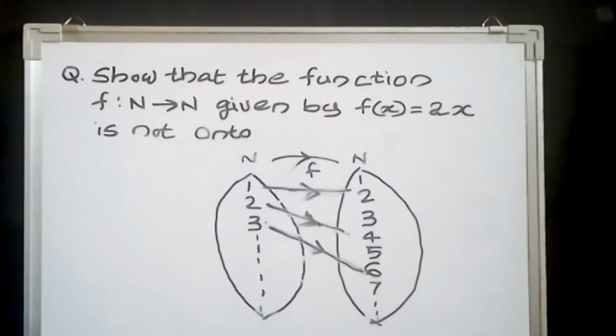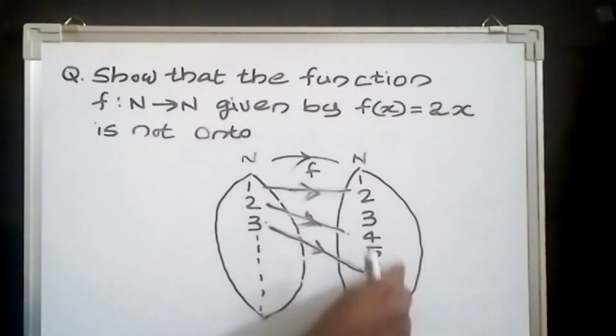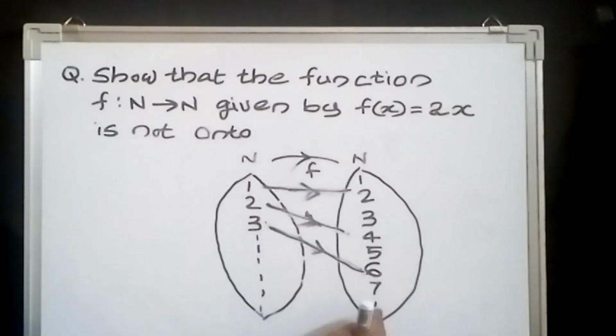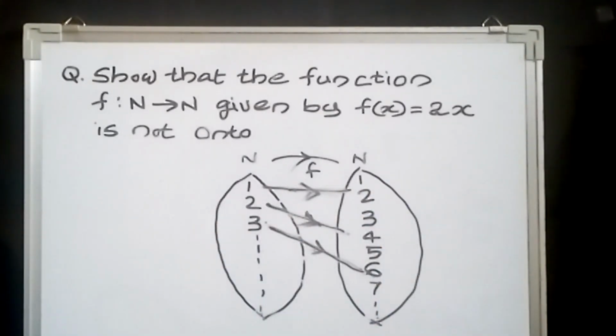That is, the range of the function, which is 2, 4, 6, etc., is not equal to the second set itself. Once more, the elements 1, 3, 5, 7, etc. in the second set have no pre-images in the first set. Therefore, the function is not onto.